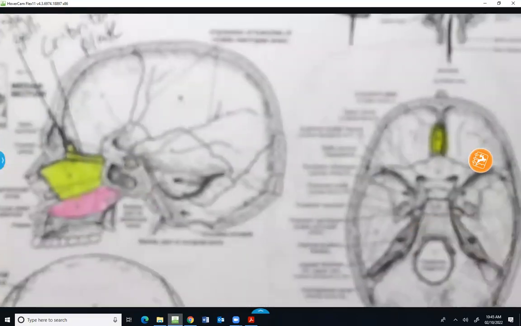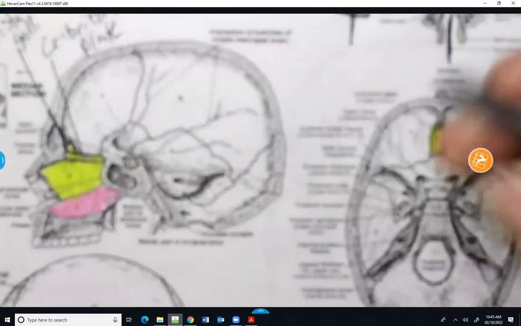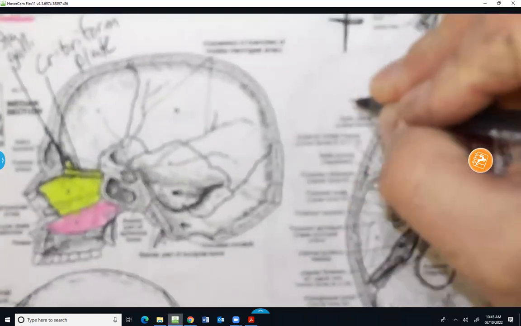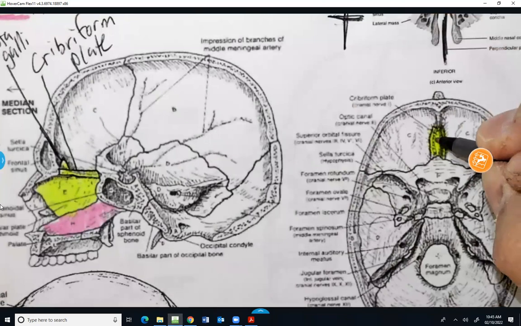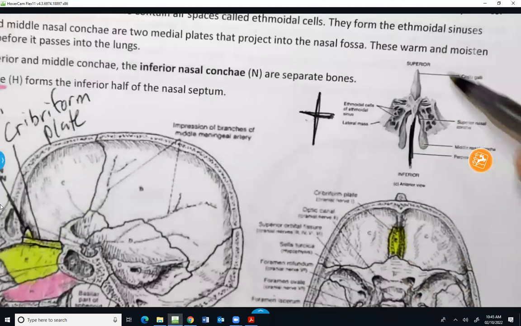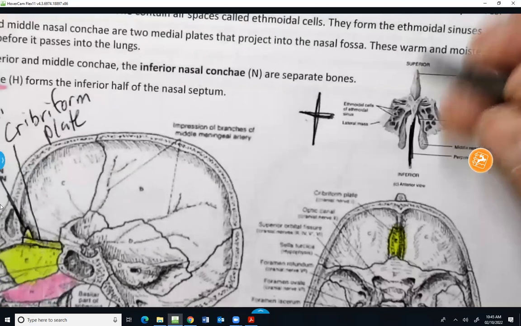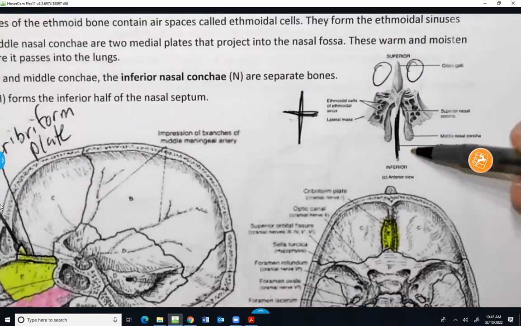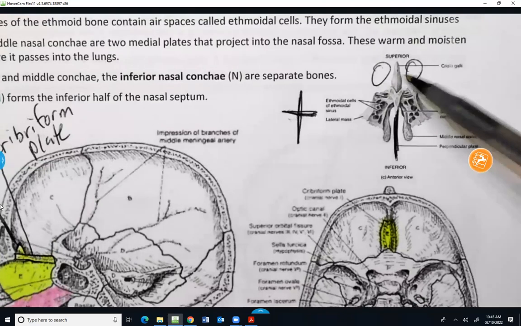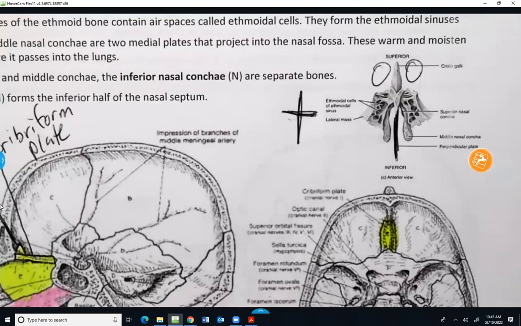No, sorry, cribriform plate's labeled there. Crista Galli would be visible here. It's just like a little projection. You can see it really nicely here. On both sides of it are two nerves, and those are the nerves that then come down through and into the nose. So it just helps separate those two nerves, okay?